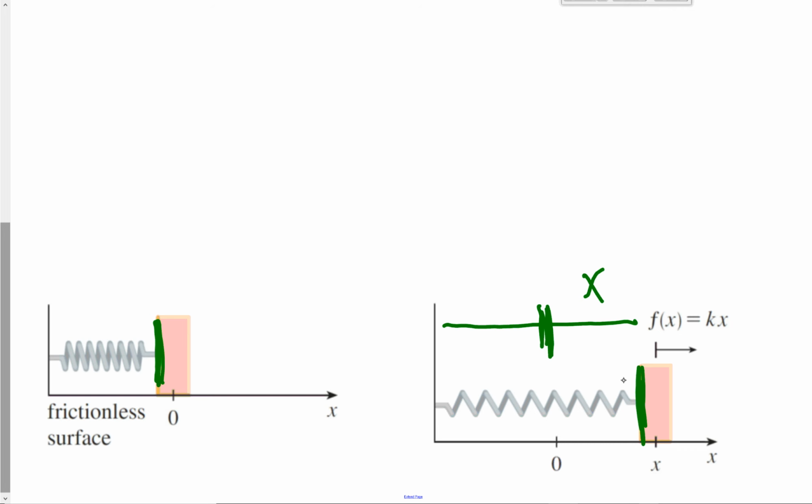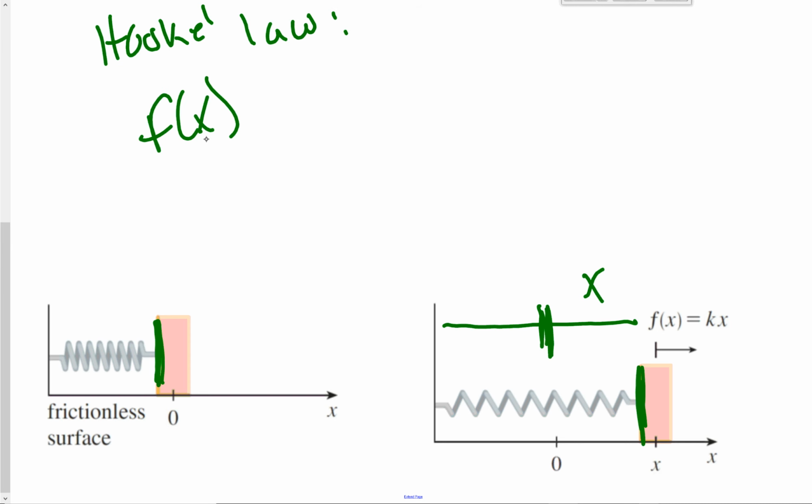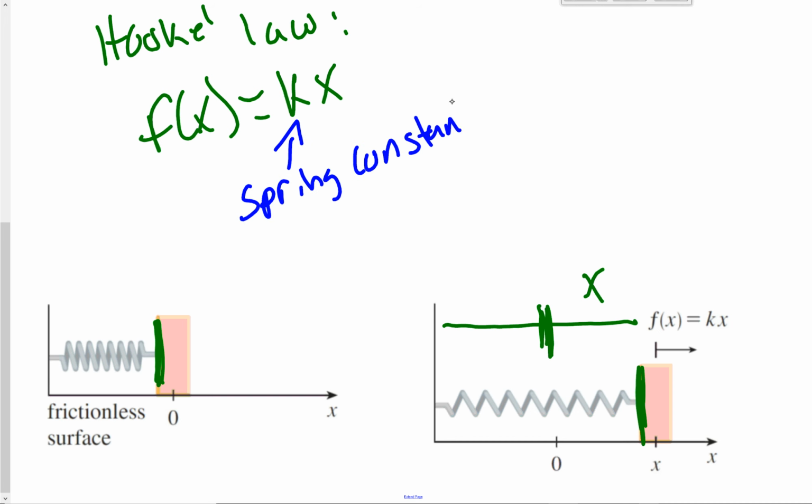So Hooke's law says that the force that it takes to maintain that distance is proportional to the distance. This k is called the spring constant, and x is our displacement from our natural length.